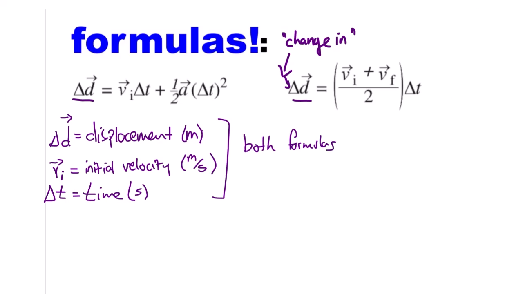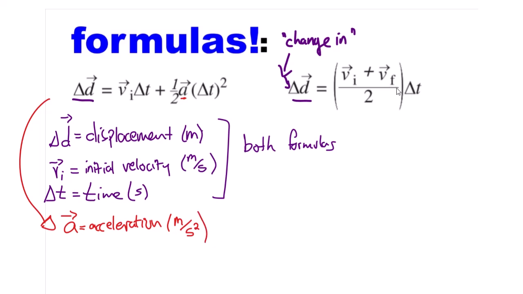And then we have a term that's different in each one. This one has got an acceleration term, a with the vector arrow. That's acceleration. So if I know the acceleration, like something accelerating in Earth's gravity field at negative 9.81 meters per second squared, I can use that term here, and that would be measured in meters per second squared.